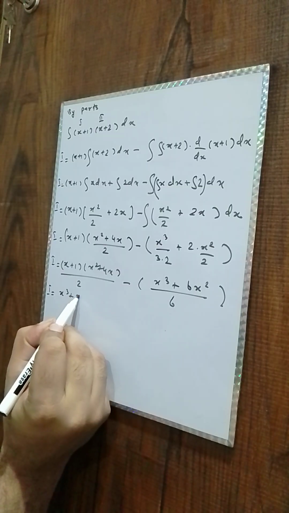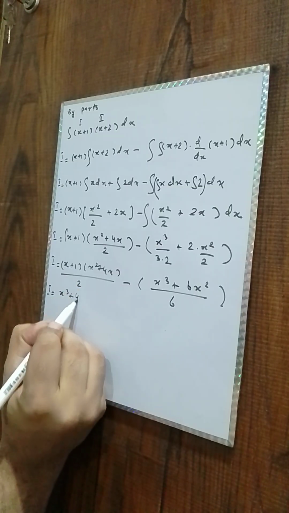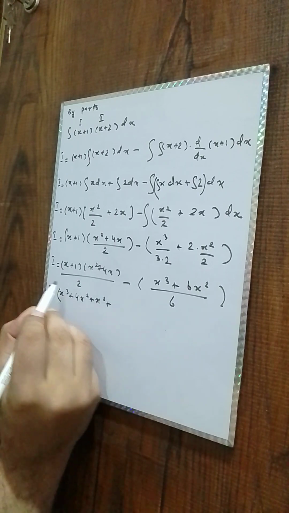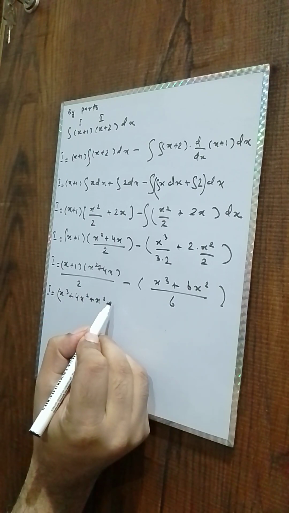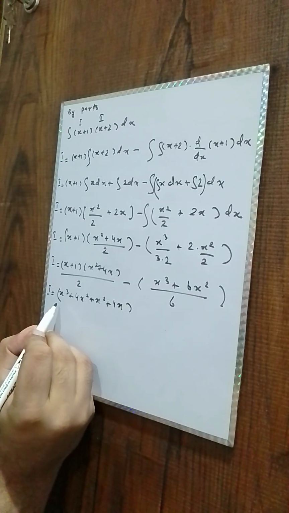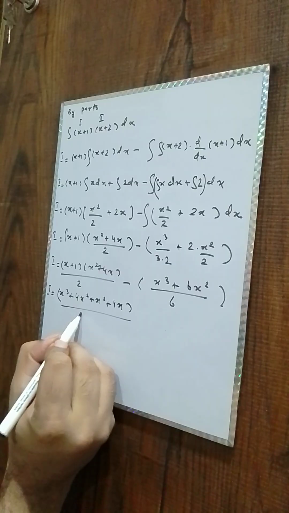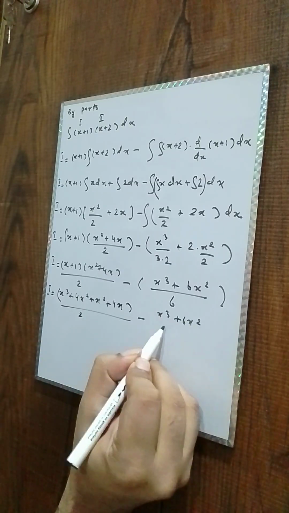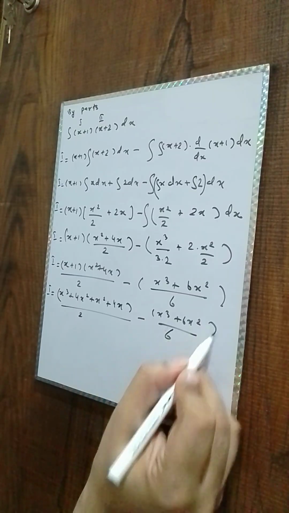x cube plus x cube plus 4x square plus x square plus 4x, yes, and by 2 minus x cube plus 6x square by 6.